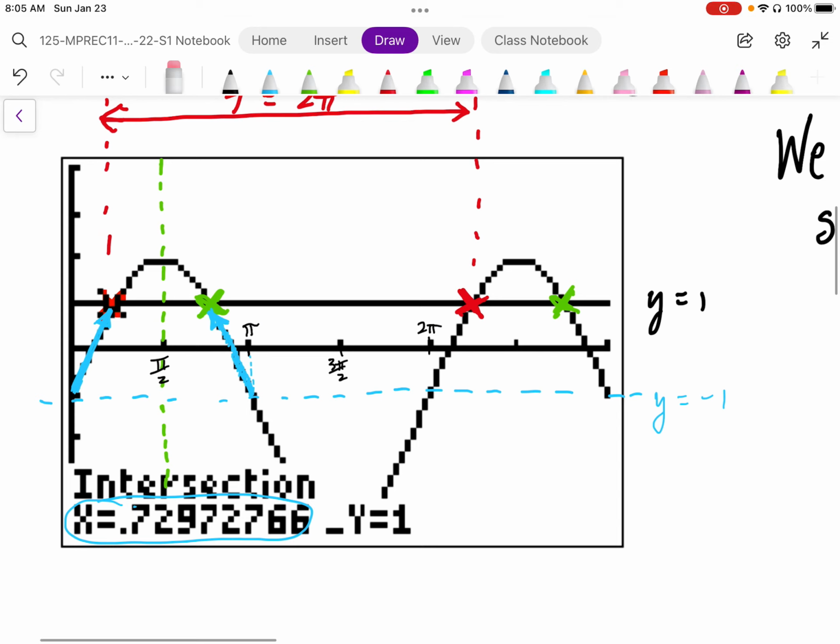So if we take a look at the red dot, we know that it moves from the y-axis 0.73. So that light blue line represents a horizontal movement of 0.73 to the right. The symmetry is through the 90-degree point, or pi over 2, and we know it's symmetrical from pi on the right-hand side, and it goes the same distance backward from pi.